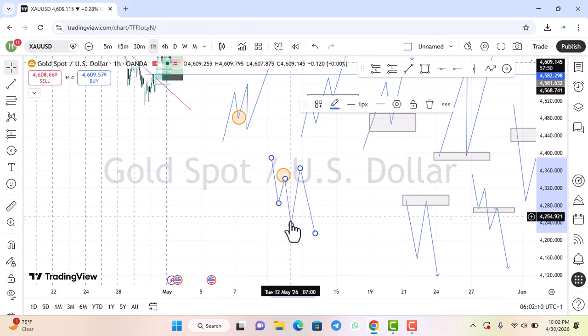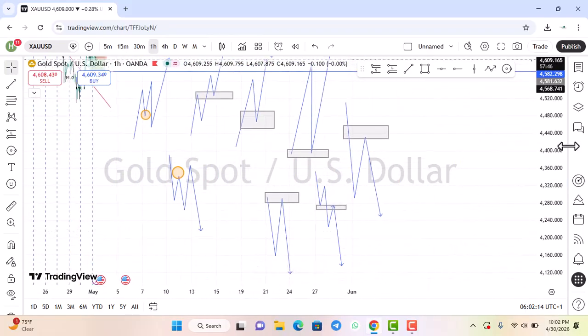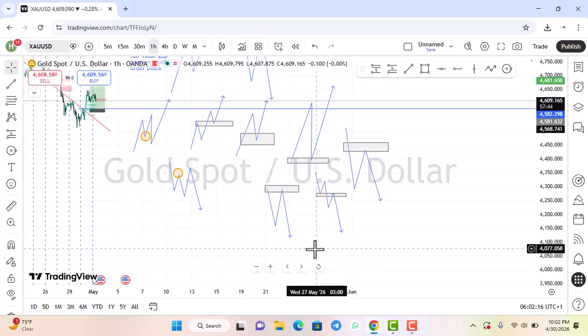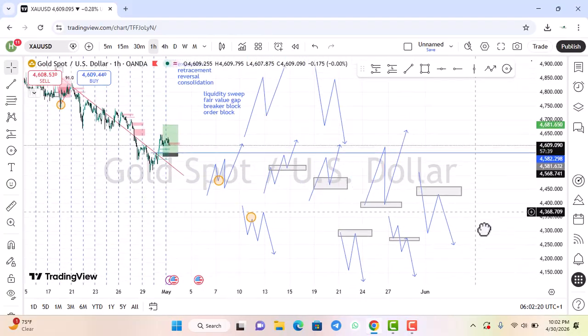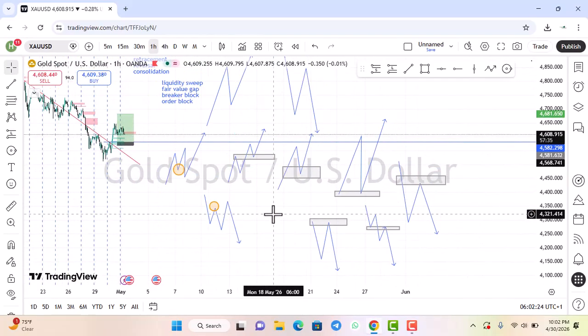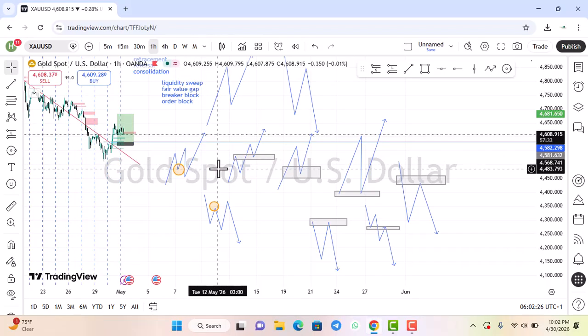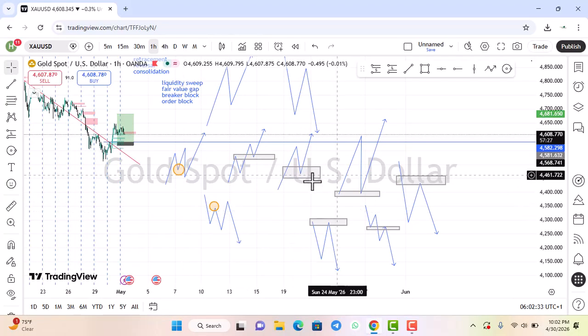It depends on the price action, as I explained earlier. So you can see how price moves in different shapes. Once you pay attention and study this carefully, you start seeing all of these objectives on chart.